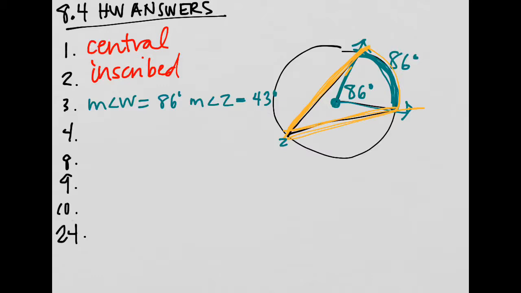All right, let's jump to number 4. What about the measure of angle W and Z? Same thing. Now we know this isn't 86 anymore, but what we do know is this red part, all the way from here, the other part of my arc.